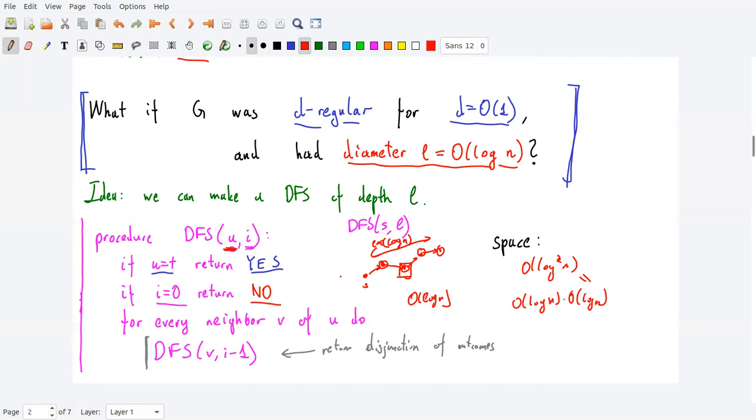However, it is a little bit wasteful to remember the whole path on the stack if we know that the graph is d-regular for some constant d.